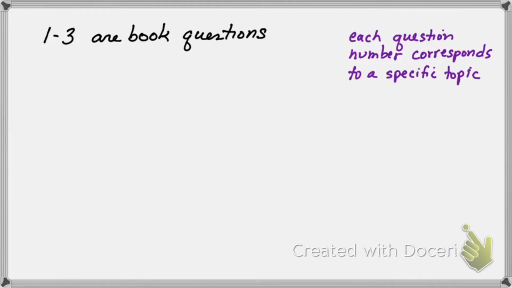Just skim through those chapters again. You might read the book over Christmas and then not take the test for a couple of months later. So it's always a good idea to skim back through. You don't have to read it in detail, but just remind yourself of the important topics, the important people, and that will help a lot when you sit down to answer those first 3 questions.